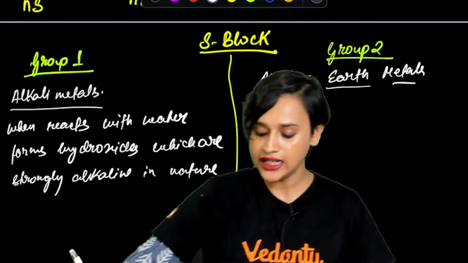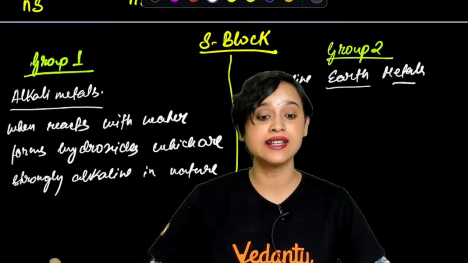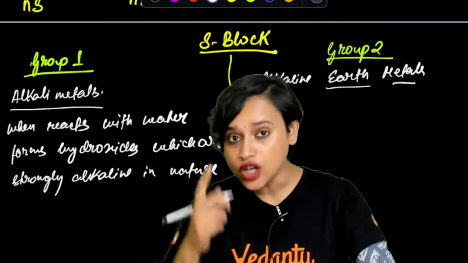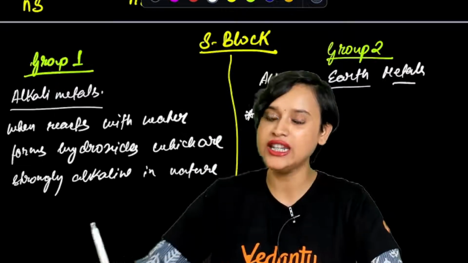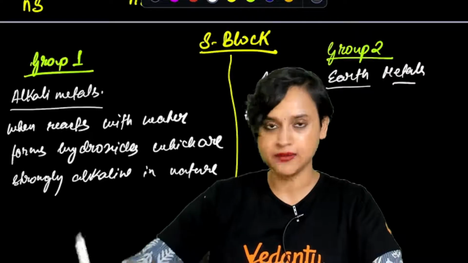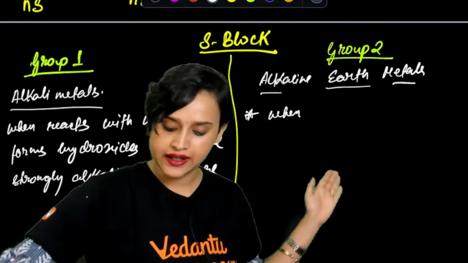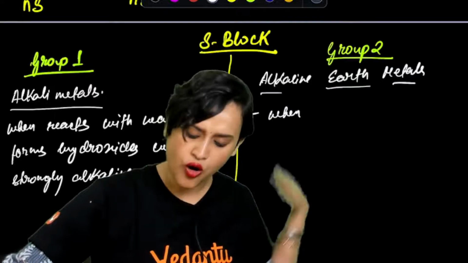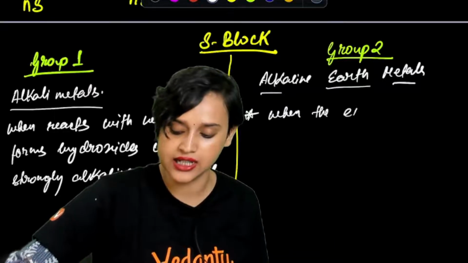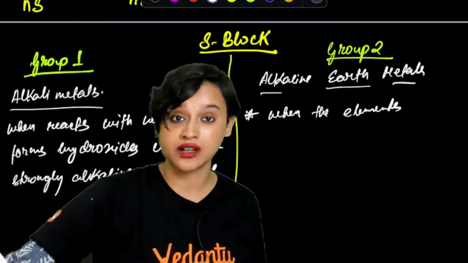Yes. All right. And here, what did I say? Here I said that the oxides and hydroxides of Group 2 elements are strongly alkaline in nature and found in Earth's crust. So let's write the same thing here as well. Let's make sure that our grammar is also right.